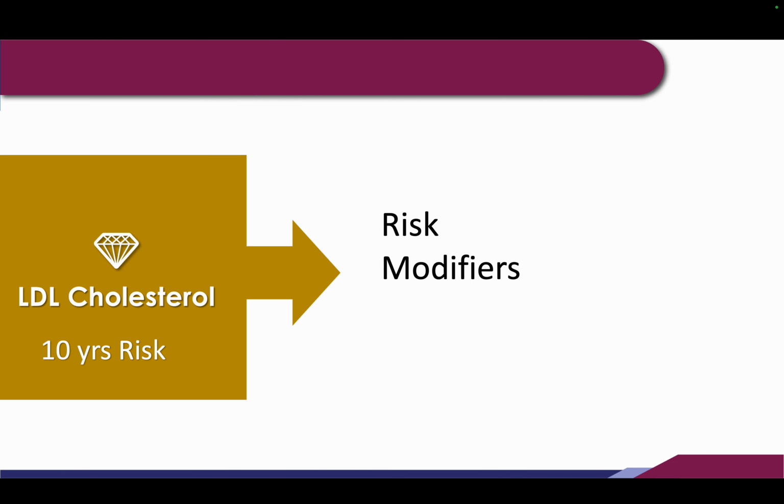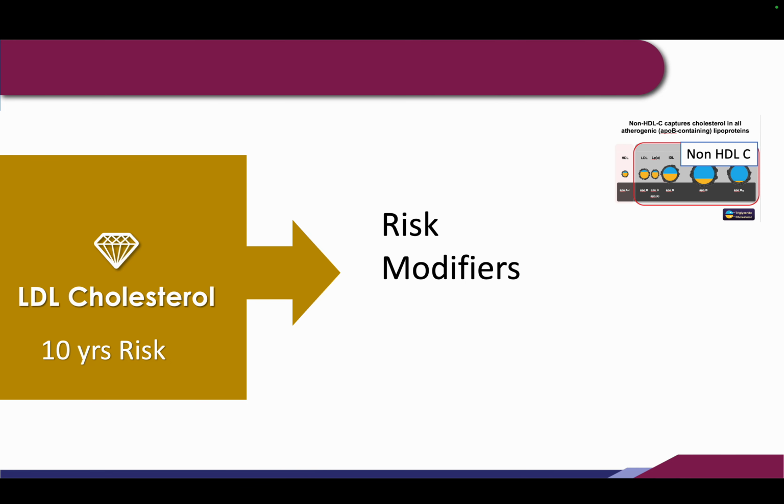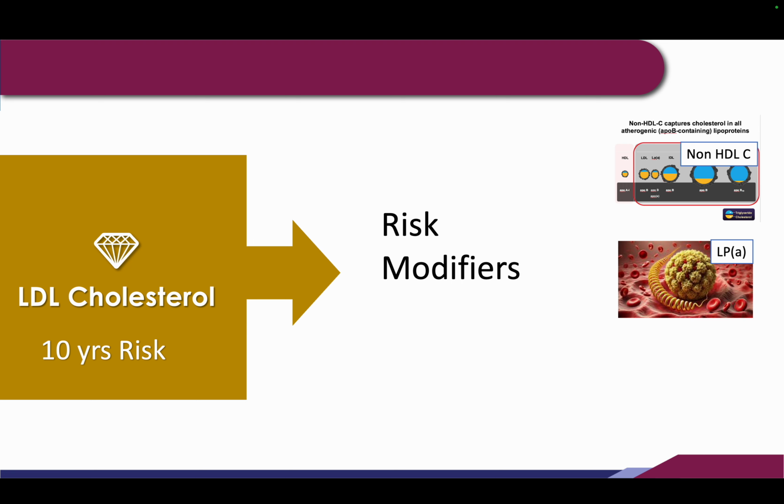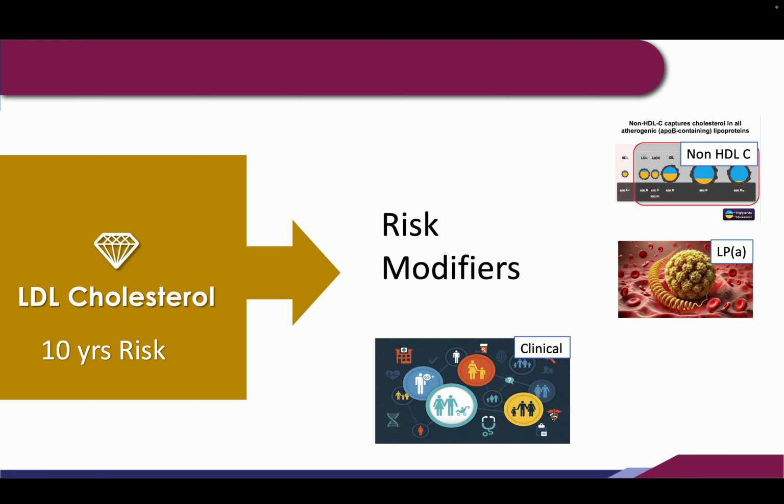Once you've calculated the risk and know the LDL, you find out the risk modifiers. What are the risk modifiers? Non-HDL cholesterol is a risk modifier; it increases the risk. Lp(a) increases the risk.